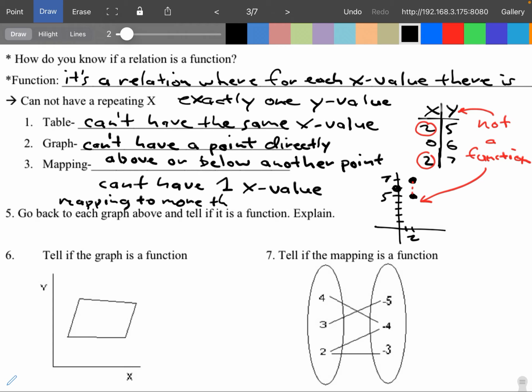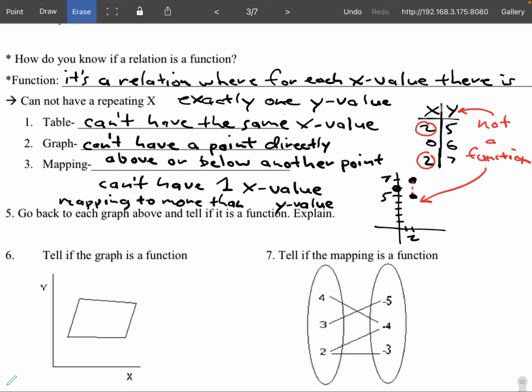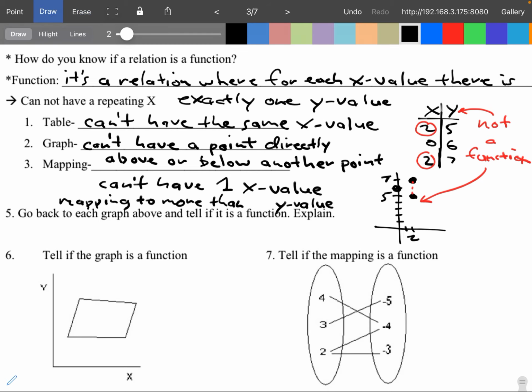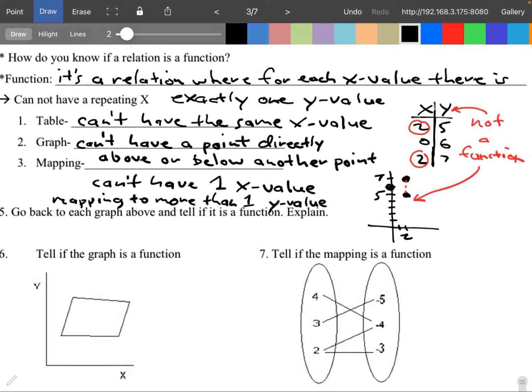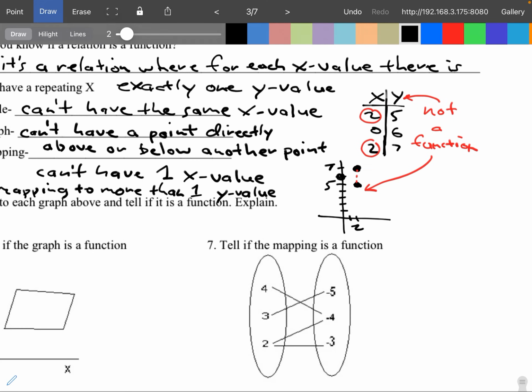So you can't have one x value mapping to more than one y value. Again, that's kind of small. Hopefully you can read that. If we have one x value mapping to more than one y value, then it would be not a function.